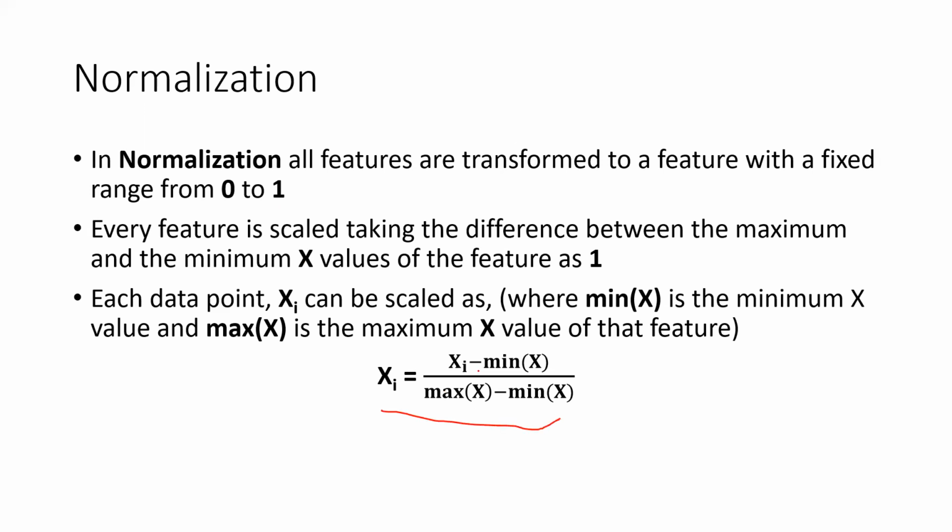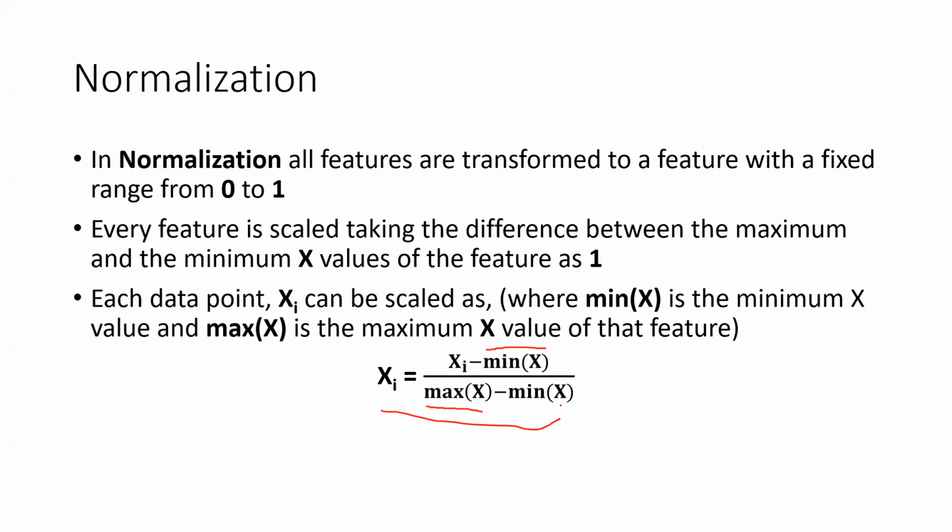So when we have a feature, we take the minimum value of this feature, which is known as min x. And we can take the maximum value of the x as well, which is known as max x. So in order to scale this with normalization, we subtract the minimum x value from the maximum x value.